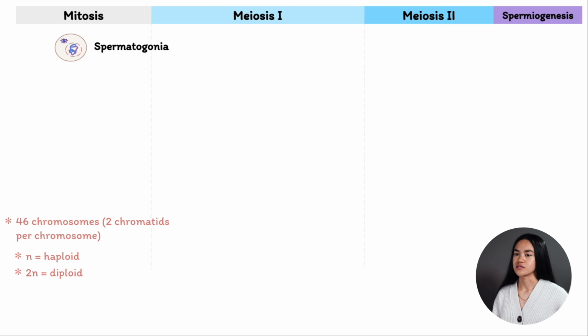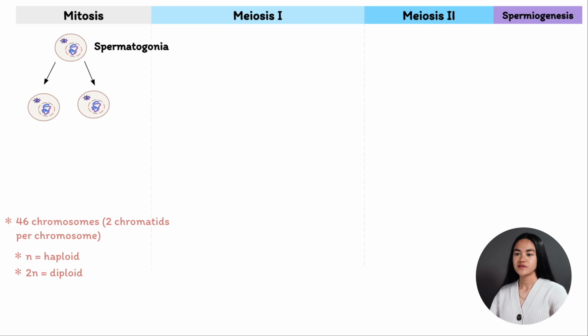So in mitosis, the goal is to take the genetic material, the 46 chromosomes, so the DNA that's located in the nucleus of the cell, and replicate it to produce two identical copies. Here, we've produced two identical cells, and each of the two daughter cells has a full set of 46 chromosomes. These daughter cells are going to continue to divide again and again, producing clones of spermatogonia, male germ cells.